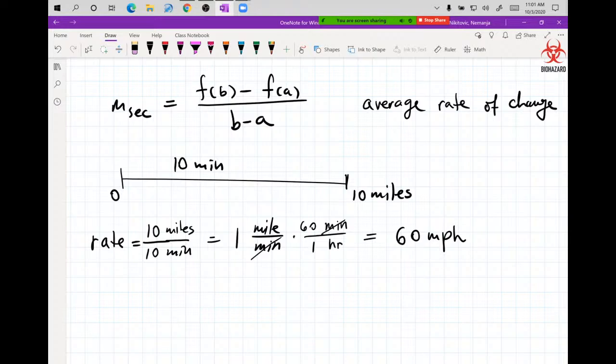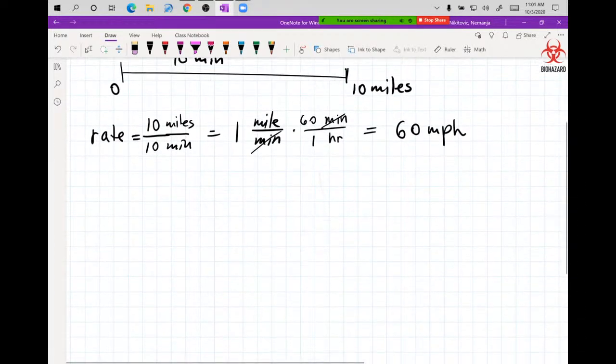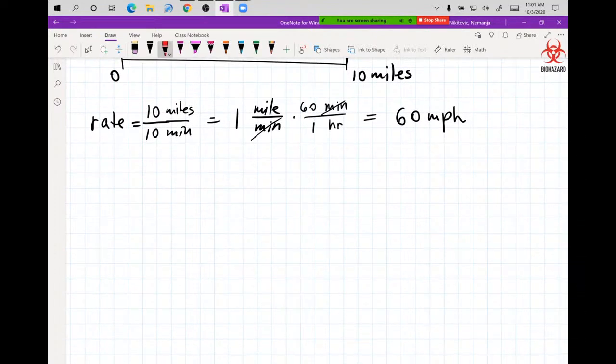Now, how about if you look at your speedometer? We said that that's called instantaneous rate of change. So instantaneous rate of change, I'll write that one in red because that's the one that we are actually interested in.